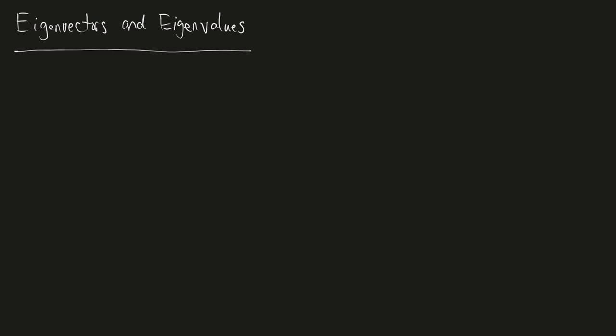Now, the root of each word, eigen, is German, and very loosely translated, it translates to the word characteristic. It sounds really strange, but these objects, these eigenvalues and eigenvectors, actually say something about the character of a matrix.